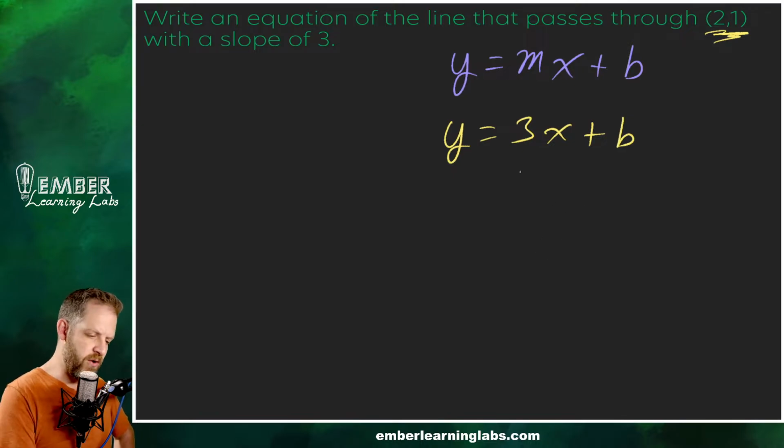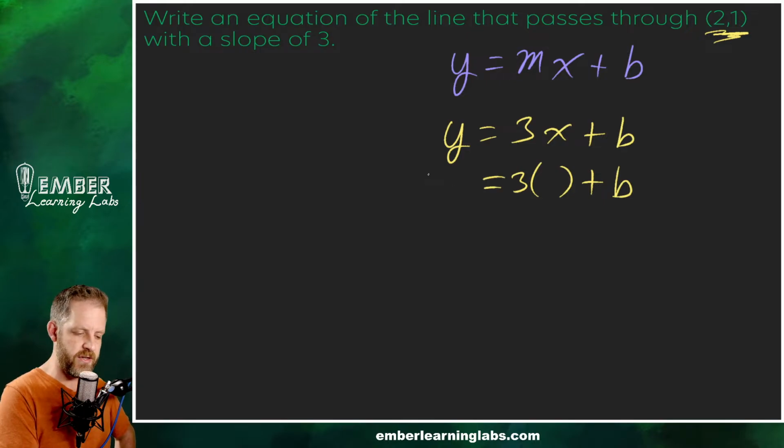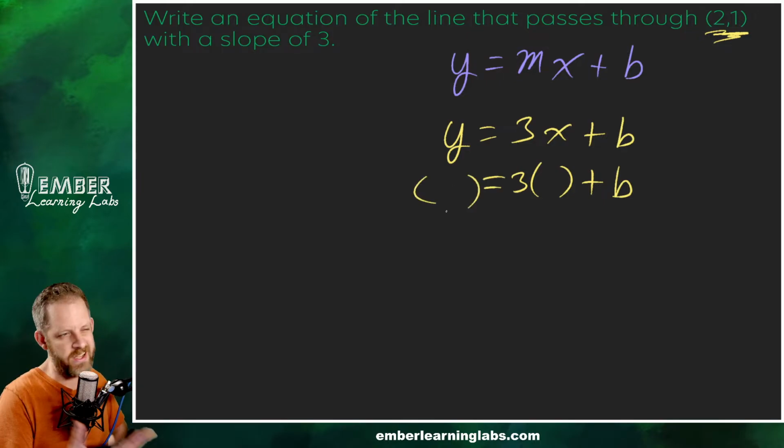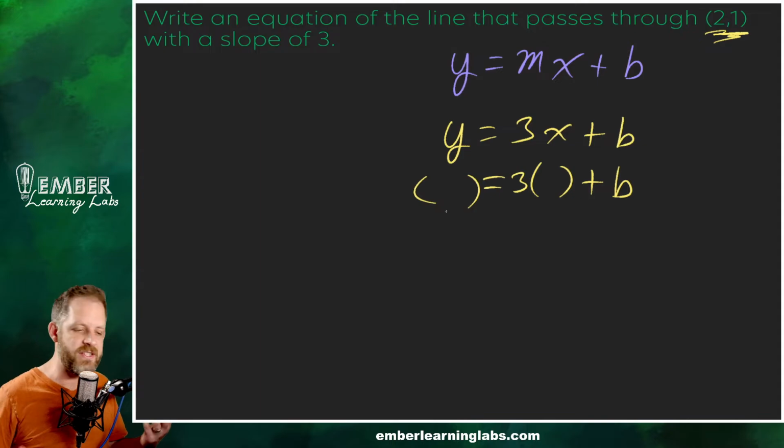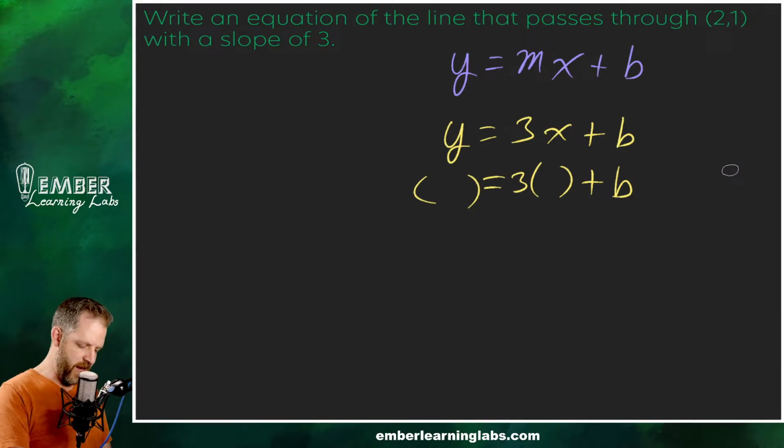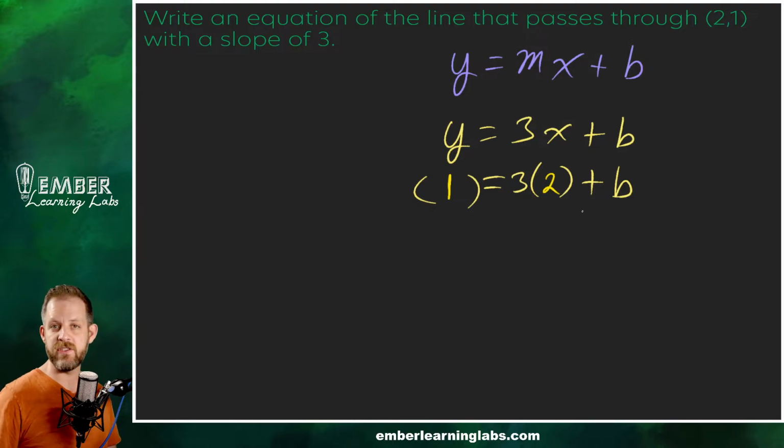We write 3 times 2 plus b equals 1, and we can put parentheses or not, since it's the only thing over there. Habits are habits. Remember, points go x, y, so we put a 1 in for the y and a 2 in for the x.